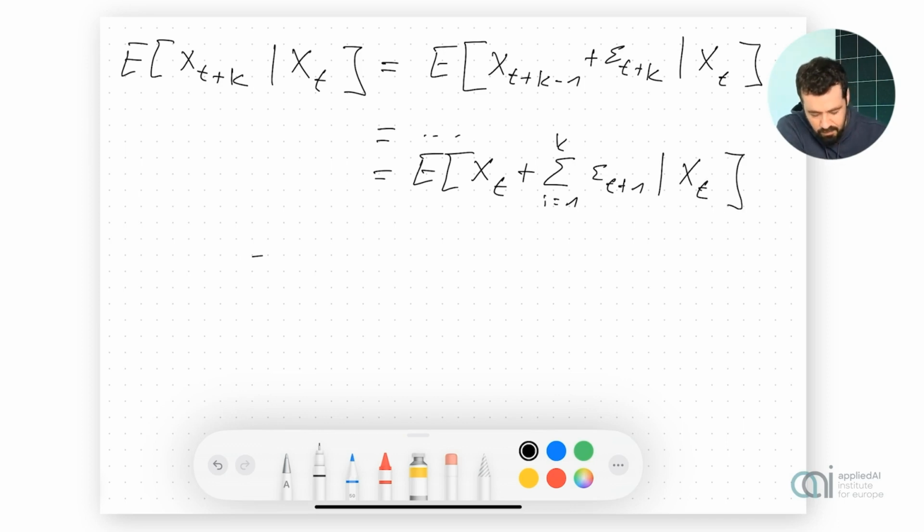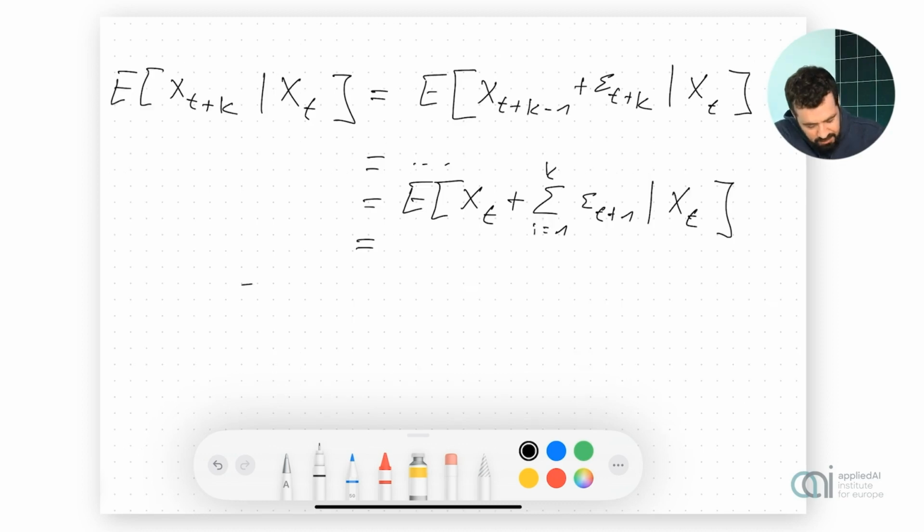Now we can see why this is x_t, because the value of x_t, given that we know what x_t is, is just x_t, and the expectation over the sum of these epsilon is 0, because every individual variable epsilon_{t+i} had mean 0. So that means that it is indeed just x_t.